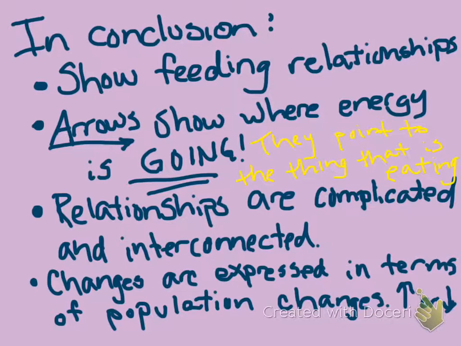And I added a little note there. They point to the thing that is eating the other thing. So the arrows are always going to point to whatever is eating that.